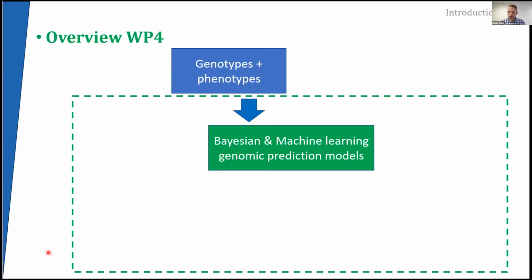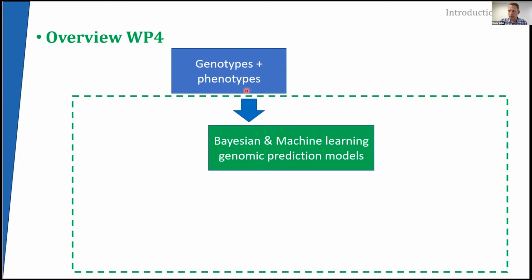So if we put this in an overview to show what's happening in work package 4, everything inside the green boxes is happening in work package 4. The traditional genomic prediction models take as input genotypes and phenotypes of a reference population.